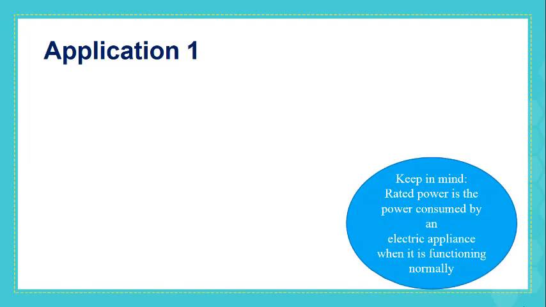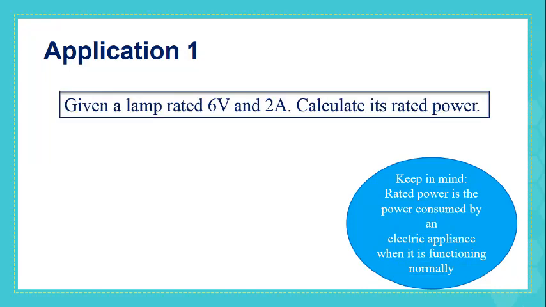Let's solve this application, but before, keep in mind, rated power is the power consumed by an electric appliance when it is functioning normally. Given a lamp rated 6 volts and 2 amperes, calculate its rated power.